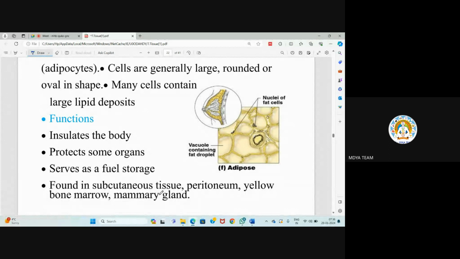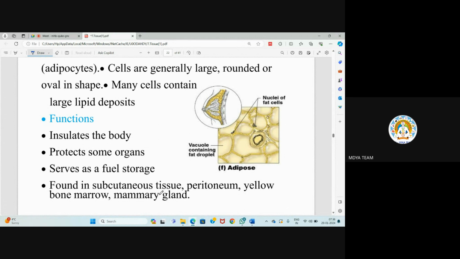And protects some organs, means, obviously, when it is covering the organ through fat, then it will protect the organ. And serves as fuel storage. Yes, from fat, we can get energy. So, that is why they are also known as fuel storage.